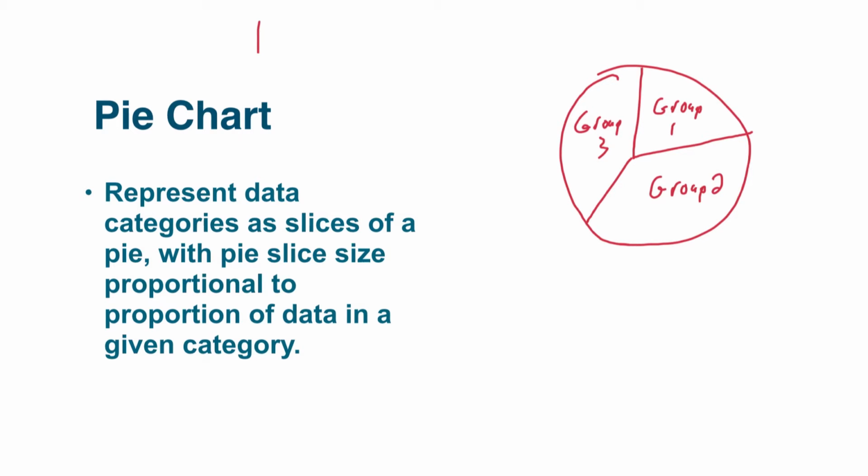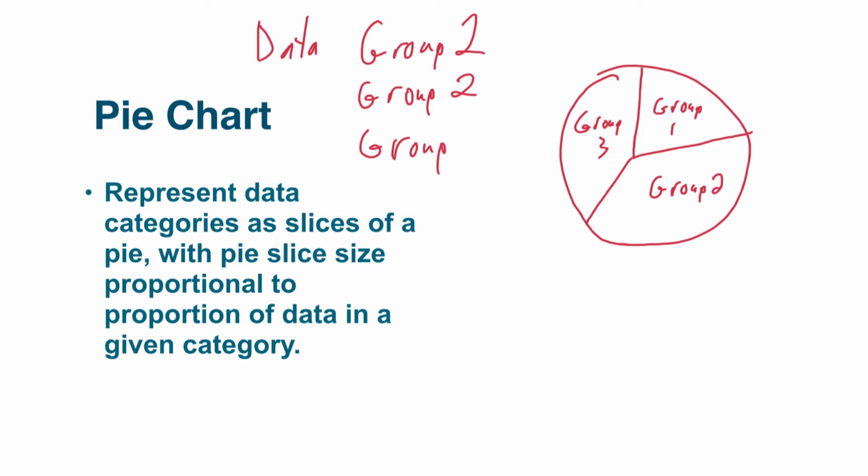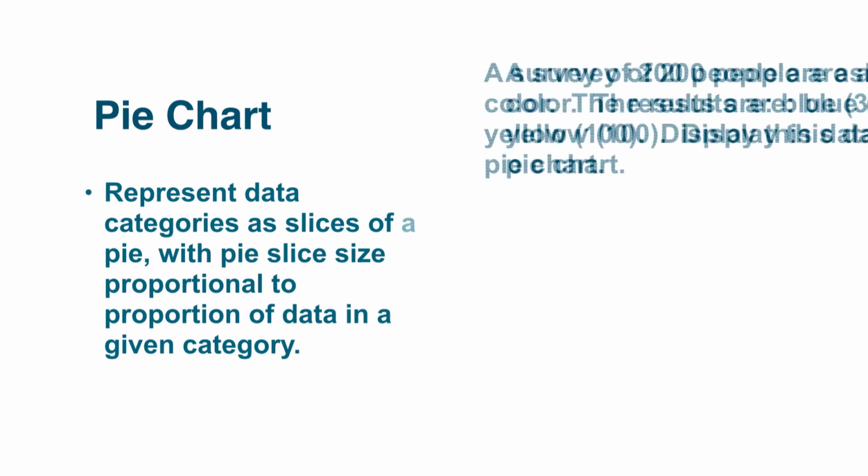The idea here is you take data on group 1, group 2, and group 3, and represent them in proportion in this chart. Nothing too complicated about it.